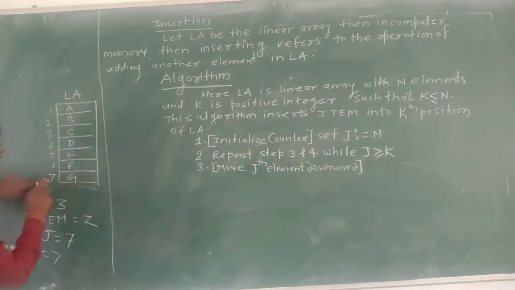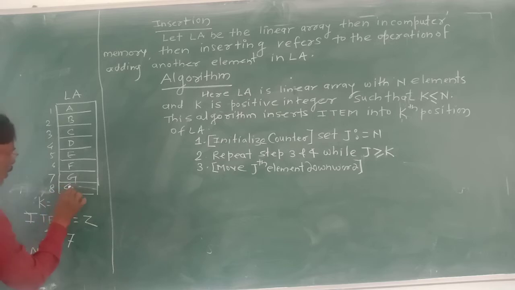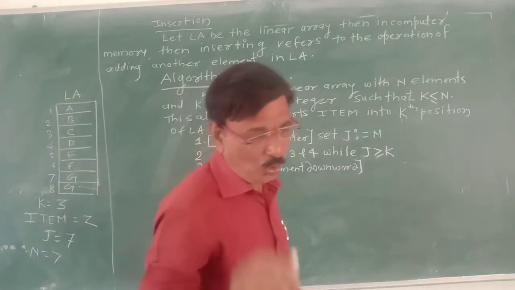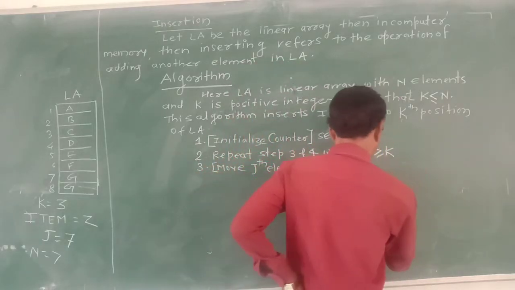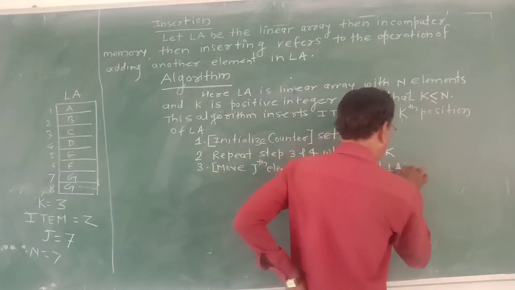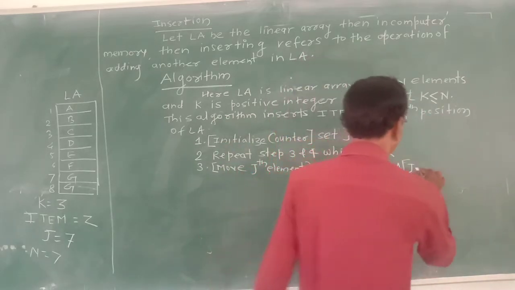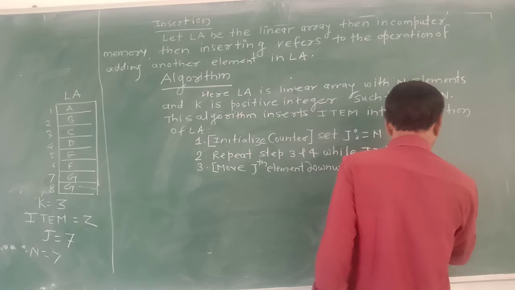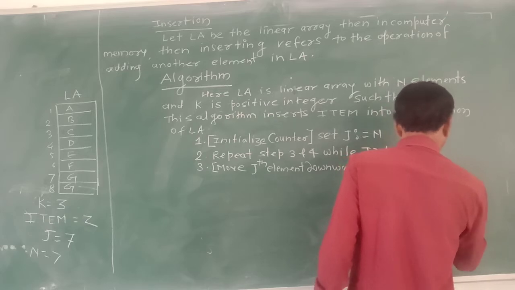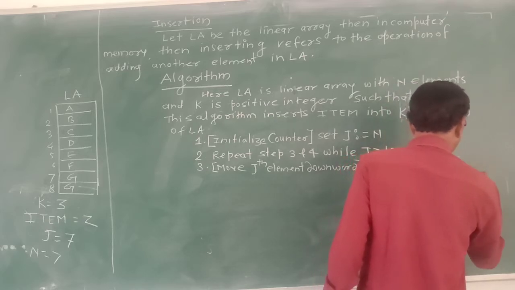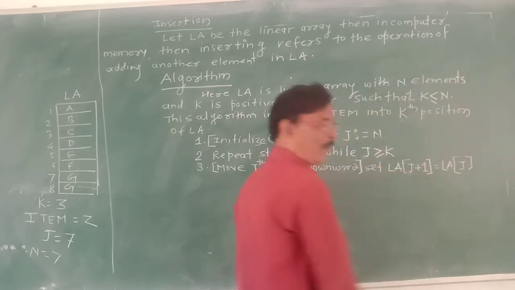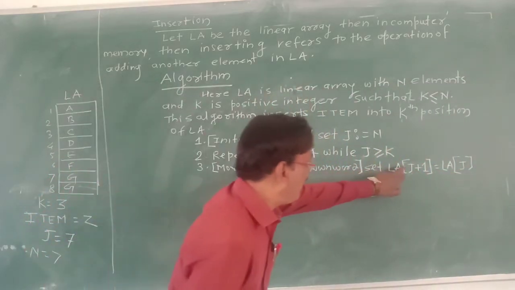LA[7], that is G, should become LA[8]. So set LA[J+1] equal to LA[J].